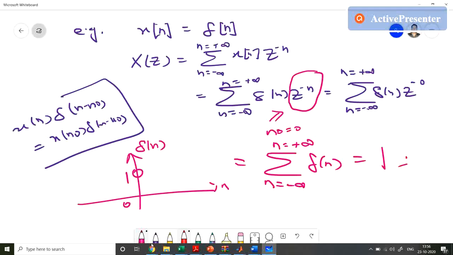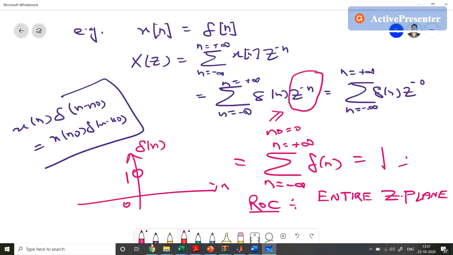Now can we see the region of convergence in which the series will converge? Yes, of course, the region of convergence is the entire z plane. So what is the ROC? The ROC is the entire z plane.